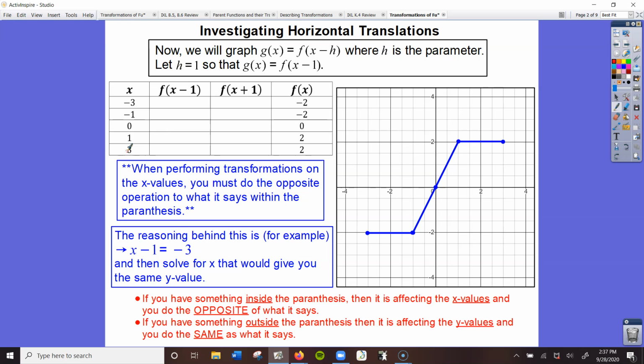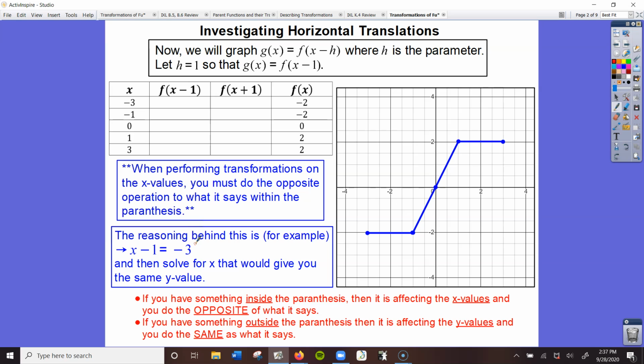Okay, and whatever we do to the x's, we have to do the opposite of what it says. So here is an example. The reasoning behind this would be if we have x minus 1, which is what we're going to do here, and it's going to equal that x value, which is -3. If we solve for x, I would have to add 1 to the opposite side, meaning we're doing the opposite.